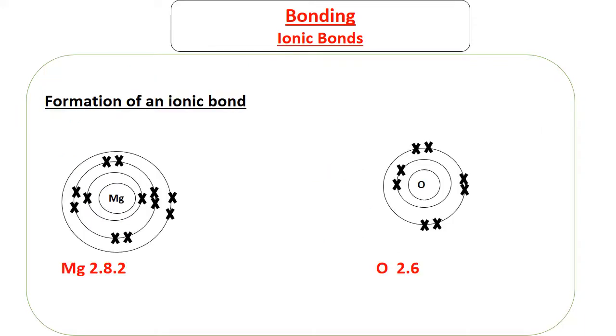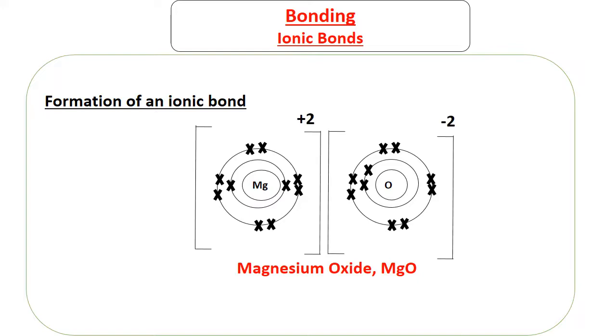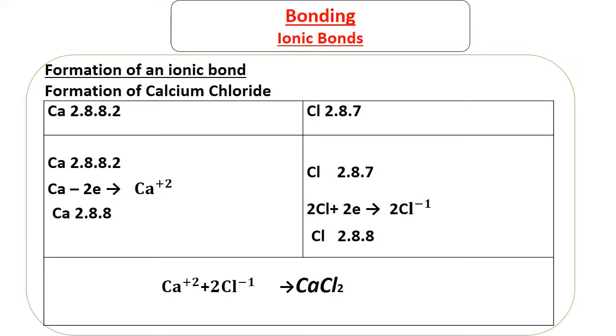So visual representation: magnesium with its 2 electrons is going to donate the first electron and the second electron to oxygen, and it's going to be magnesium plus 2, and oxygen is going to be oxygen minus 2. So this is going to result in this compound here with the charge of +2 and -2. So this is our magnesium oxide.